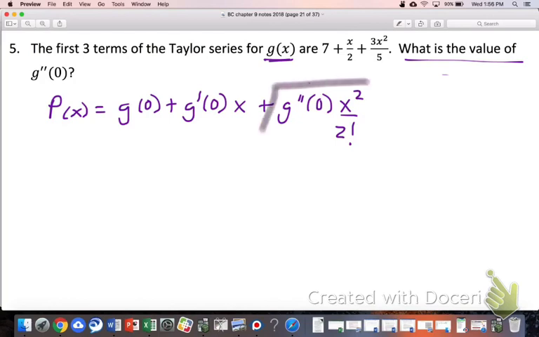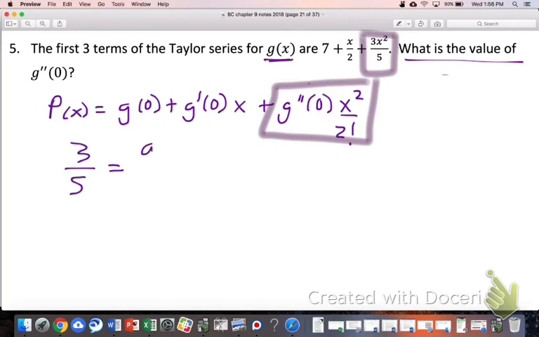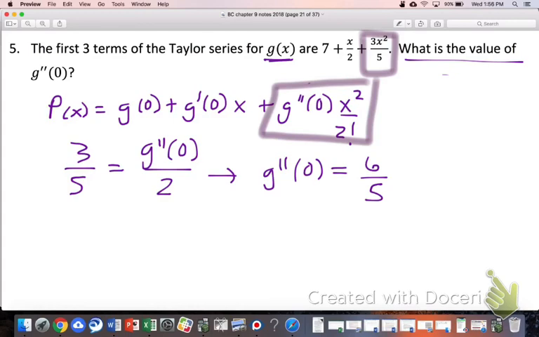I would match then this with this, right? X squared with x squared. And I could then say that 3/5 has to be the exact same thing as g double prime of 0 over 2 factorial, or just 2. And then to find g double prime of 0, it's just a question of multiplying over. So you could just say g double prime of 0 is equal to, I saw this on a lot of your papers, 6/5. Yay.